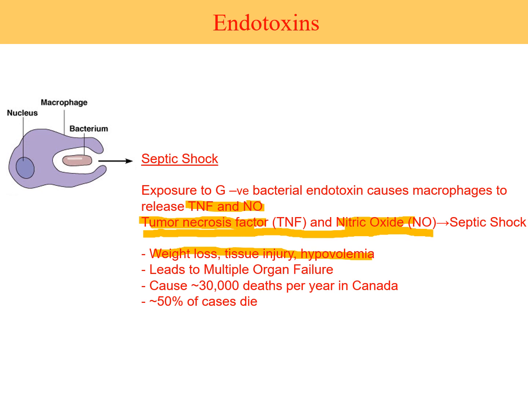So you get a drop in blood pressure, and it can eventually lead to septic shock, multiple organ failure, and death. In Canada, there are approximately 30,000 deaths per year due to septic shock as a result of these gram-negative infections. About 50% of the cases die. These people end up in ICU, and it's hard to predict which ones will make it through. They're supported, and half of them make it and half of them die.